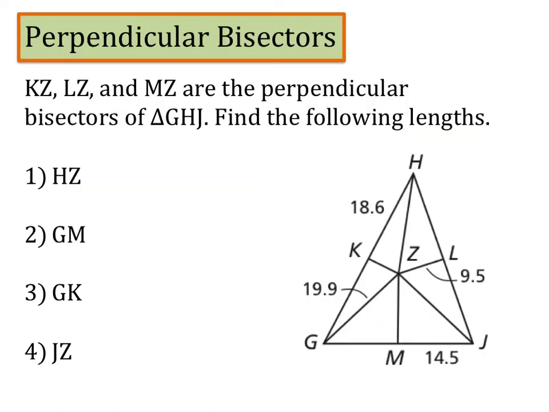Let's use our knowledge of perpendicular bisectors to help us find the following lengths. So segments KZ, LZ, and MZ are the perpendicular bisectors of triangle GHJ. Let's first find the length of HZ. So HZ is this segment right here.